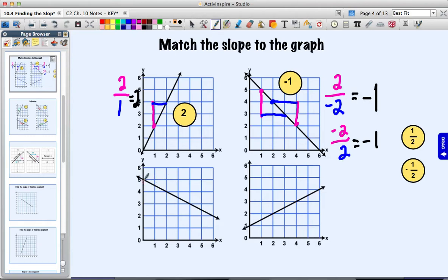Otherwise, you can keep working with me. So in this case, we start here and we're going down 1, so -1, and then we end up going to the right 2. So it is going to be a negative slope, and it is going to be a slope of -1/2.